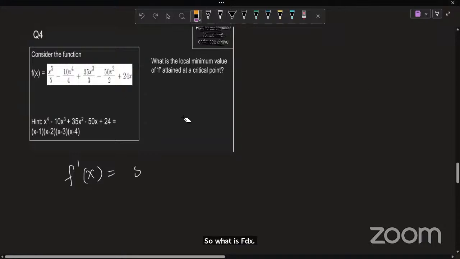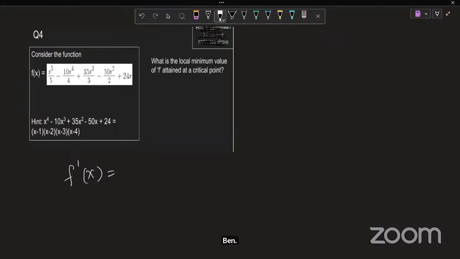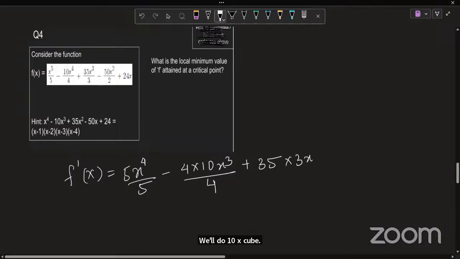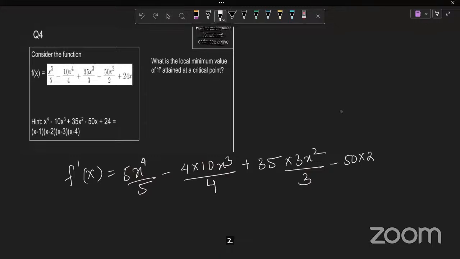Okay, I'm just differentiating the equation. So it will be x to the power 4, taking 5 as given in the hint, minus 4 into 10x cube plus 35 into 3x square upon 3 minus 50 into 2x upon 2 plus 24.